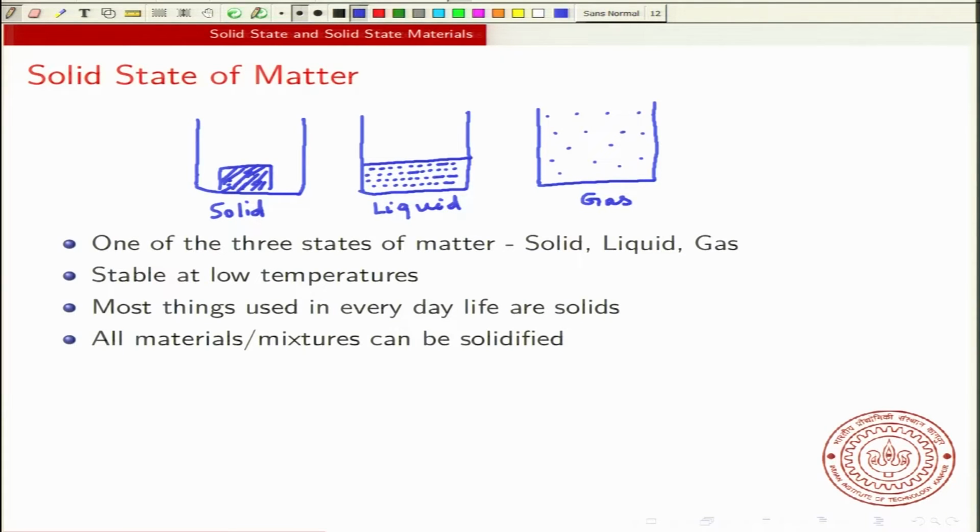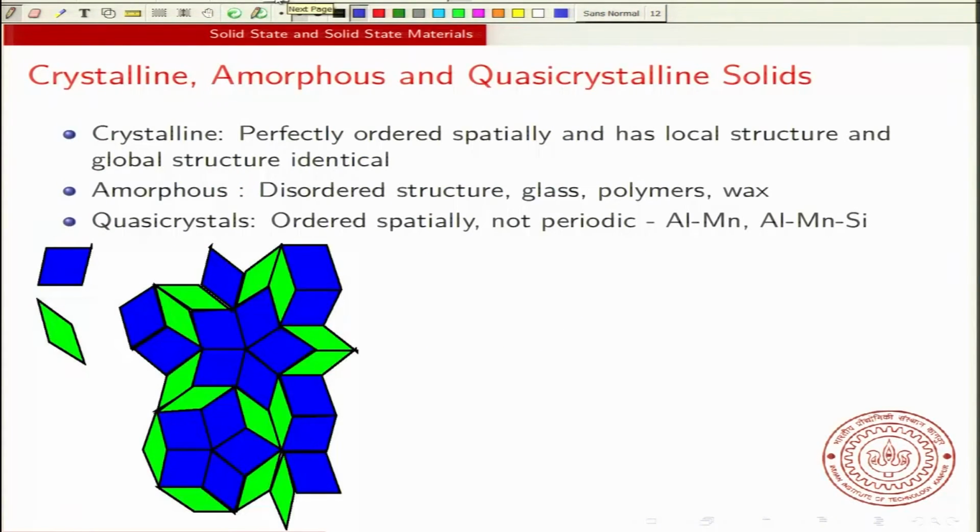But there are some other characteristics of solids which are quite interesting. Solids can be either crystalline, amorphous or quasicrystalline. A crystalline solid is perfectly ordered spatially and has a local structure and a global structure which are identical. In a crystalline solid, if these are the atoms of the solid, they would be perfectly arranged in some structure.